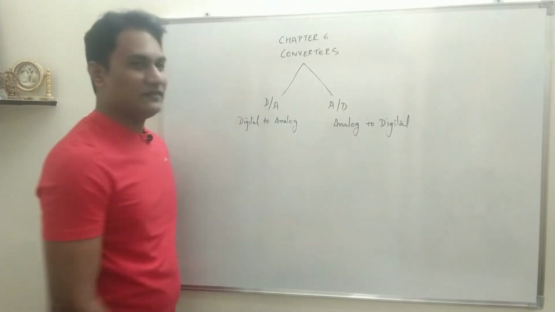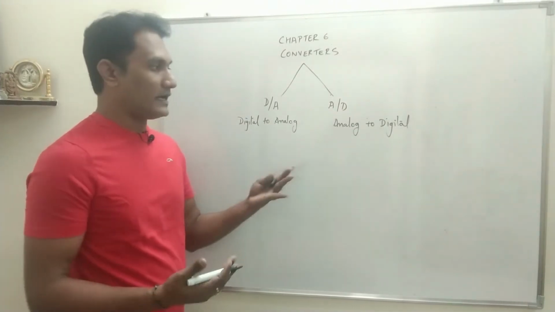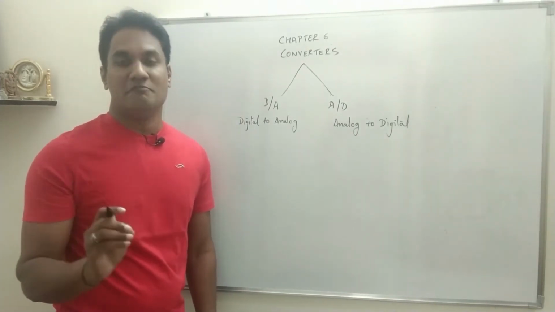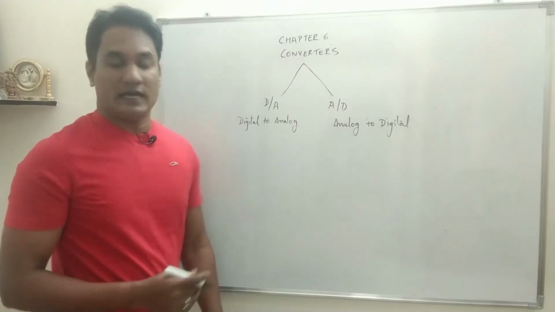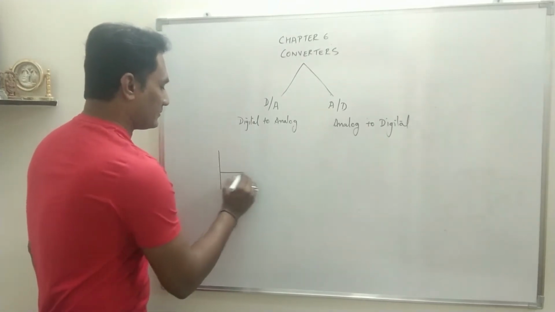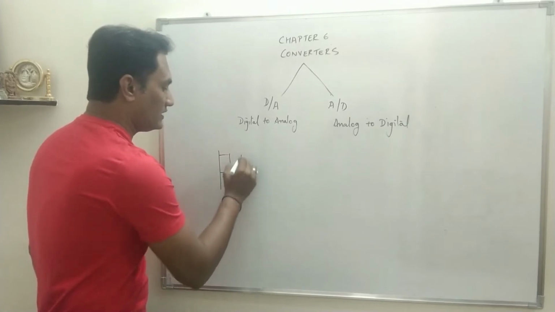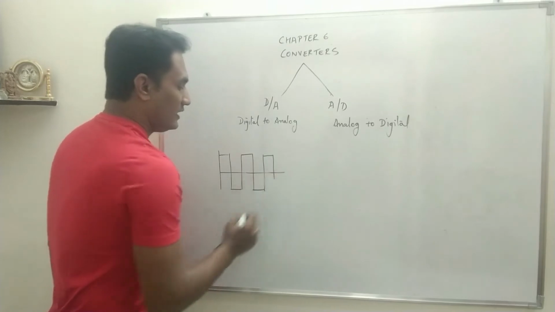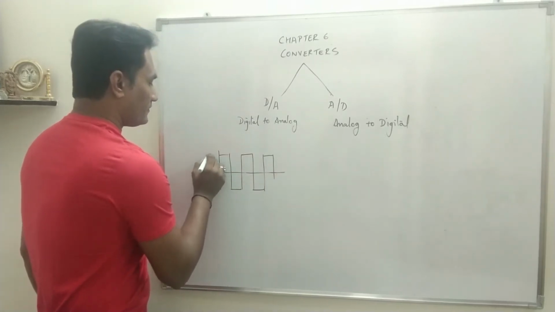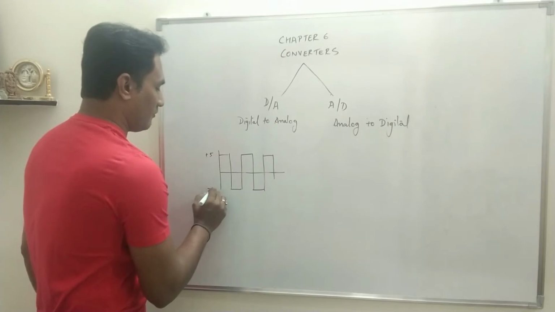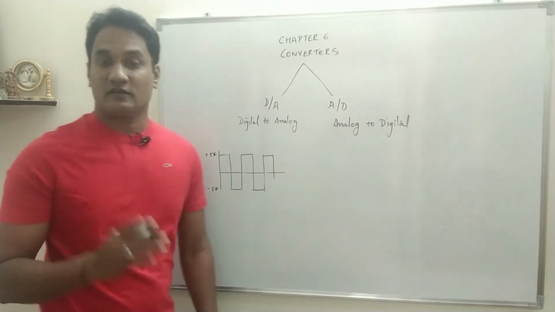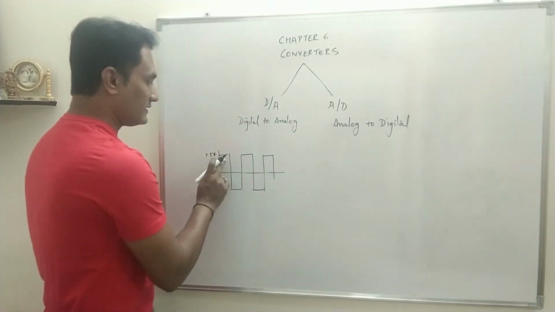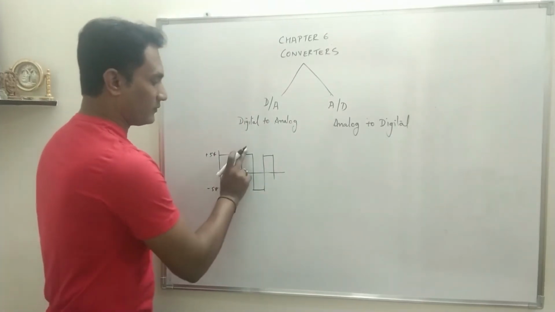Now what exactly do we mean by digital to analog or analog to digital? Let us try to understand. First, understand what exactly I mean by digital or analog. When I say digital signal, that means a signal which has only 2 discrete states. If you consider it as voltage level, say this is plus 5 volt and this is minus 5 volt, the digital signal will have only two levels: plus 5, minus 5, plus 5, minus 5.